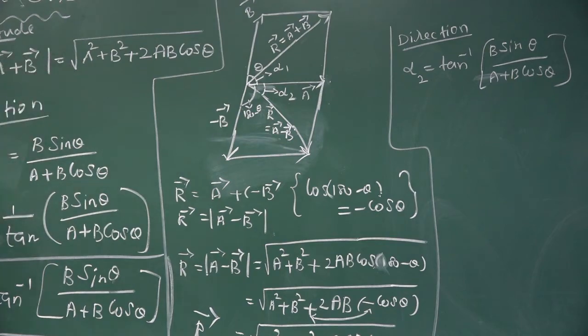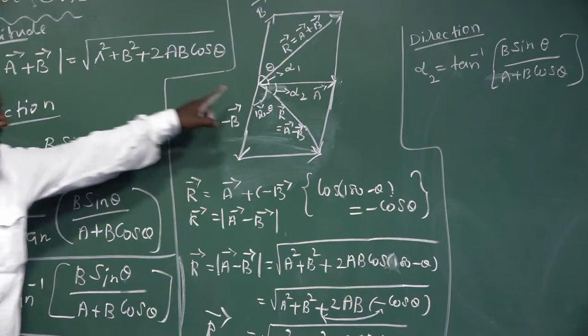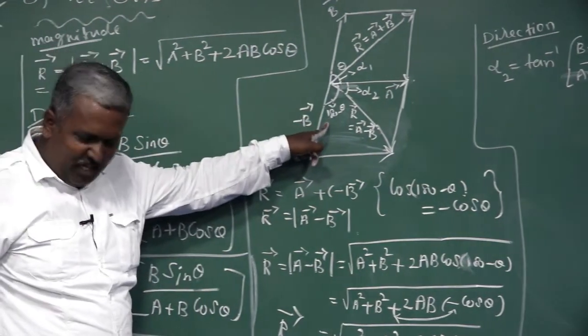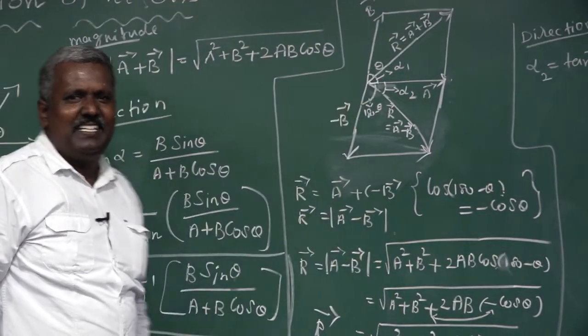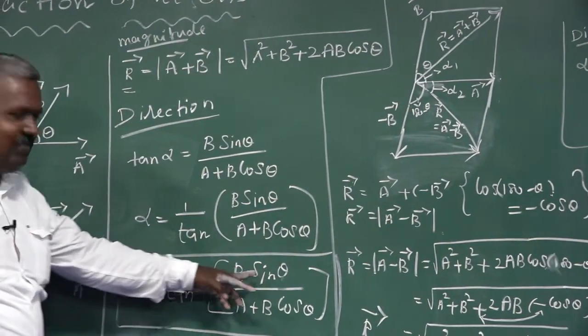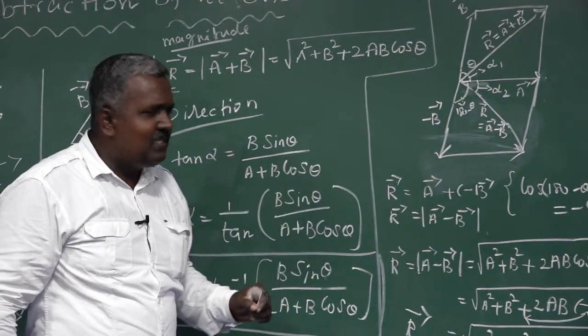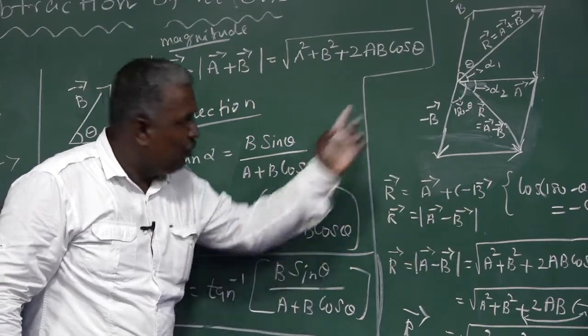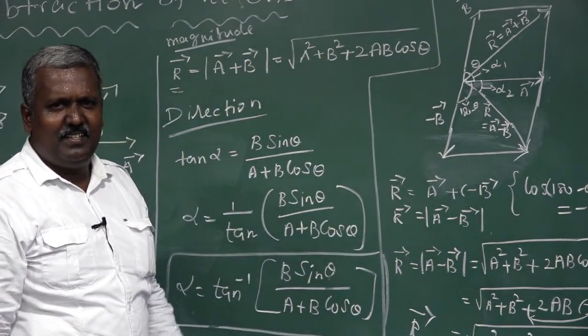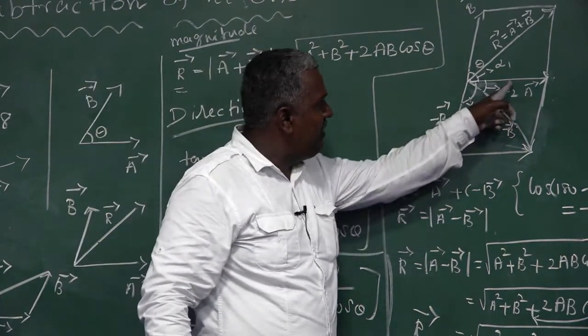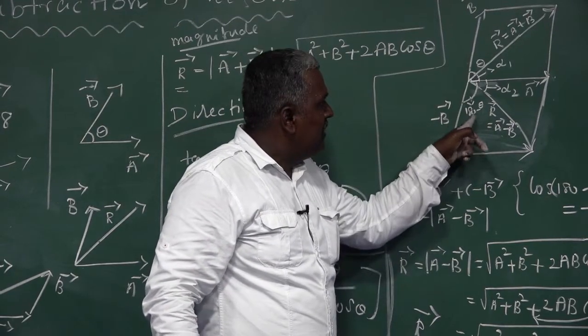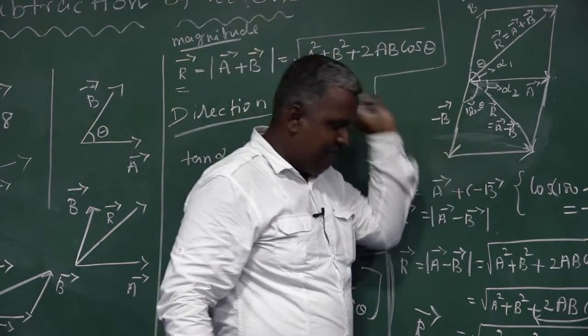But here, see the diagram, theta will be 180 minus theta. Instead of theta in addition of vectors, in subtraction of vectors it is 180 minus theta. Because here the angle between A vector and minus B vector is 180 minus theta.